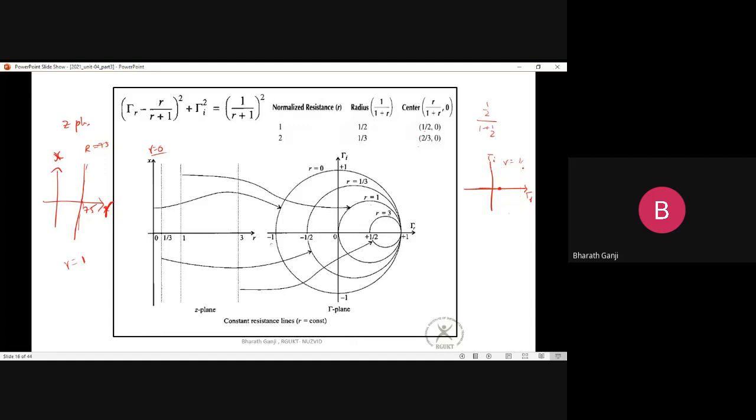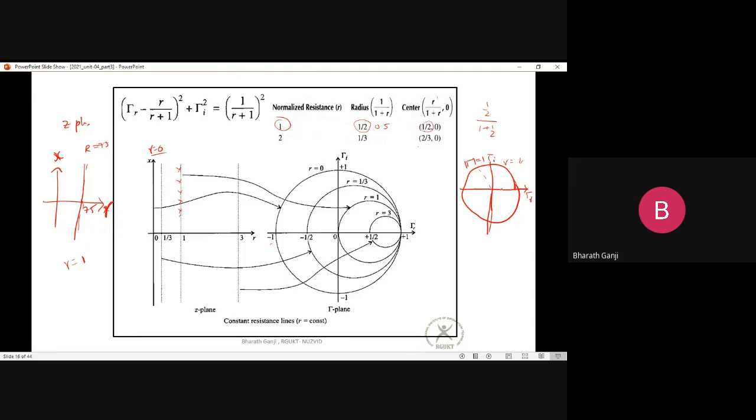Look here, in your complex tau plane, this is the outermost circle. The outermost circle is nothing but the modulus of tau equal to 1 circle. Now, if I put r equal to 1 in this equation, I see which circle the corresponding load values fall on. If I put r equal to 1, the radius is exactly 0.5, and the center will be 1 divided by (1+1), which is 0.5, 0.